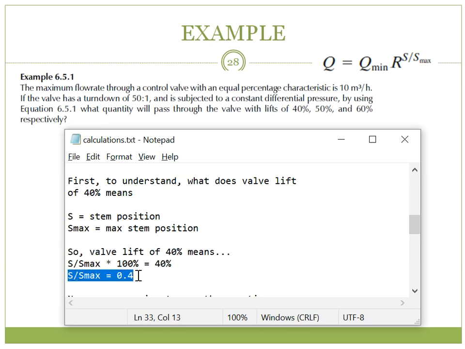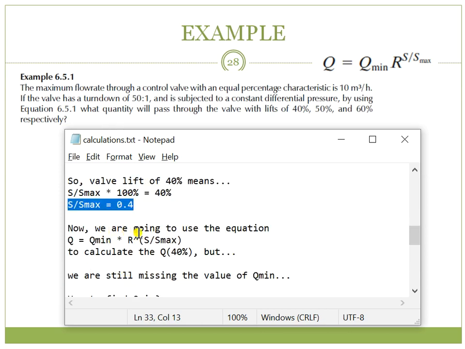So if we are looking to find the valve lift of 40%, we need to understand that the ratio S over S max is 0.4. If the valve lift is 50%, meaning that this ratio is 0.5, and so on.